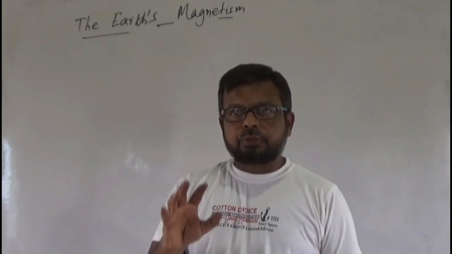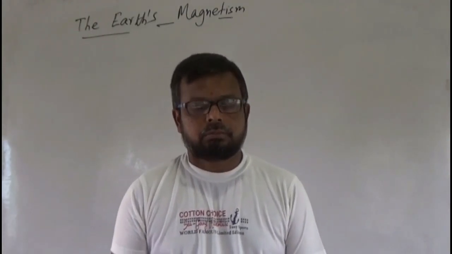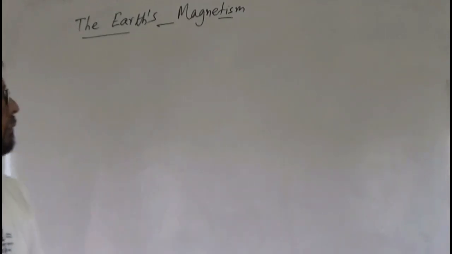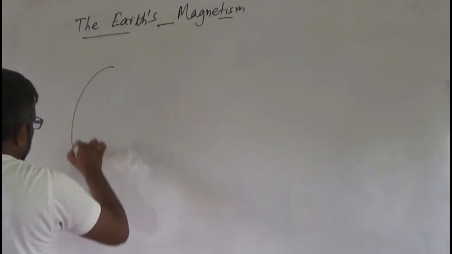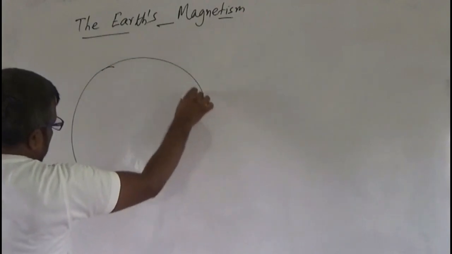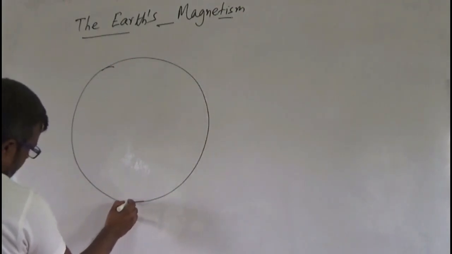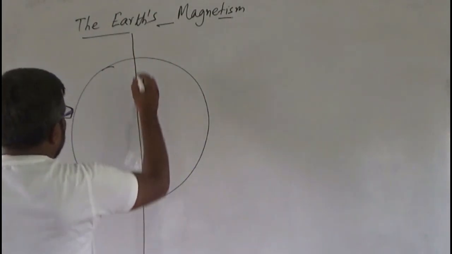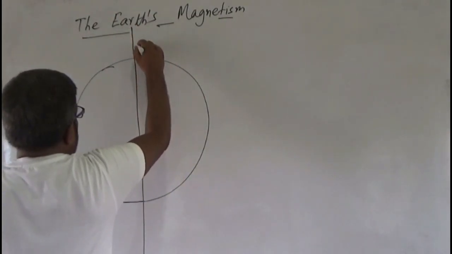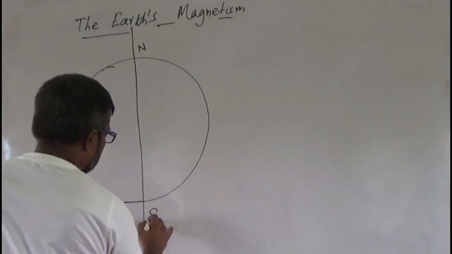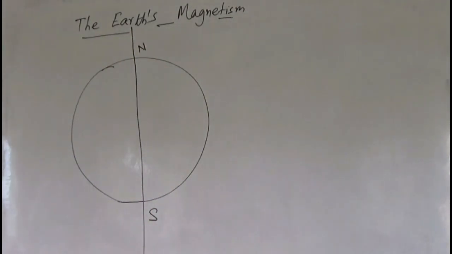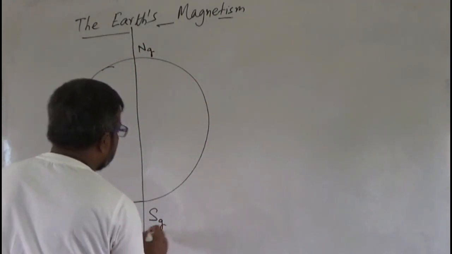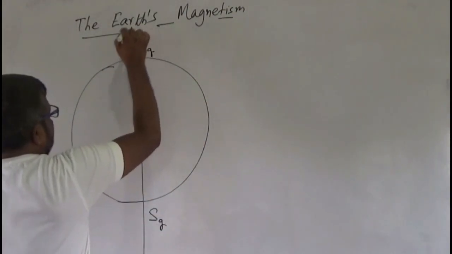The location of the North Pole, now I have to draw a picture. This is our Earth. This is the North Pole, this is the South Pole. It is rotating like this.